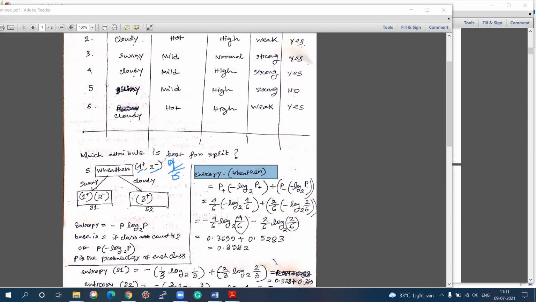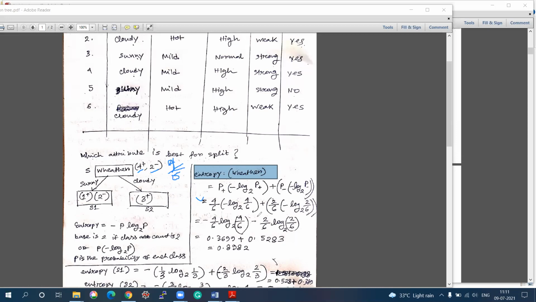So let's put all these values here: 4 by 6 into minus log 2 base 4 by 6, plus 2 by 6 into minus log 2 base 2 by 6. 2 by 6 stands for the probability of the negative class and 4 by 6 is the probability of the positive class.